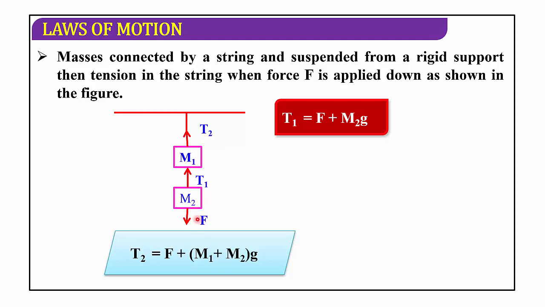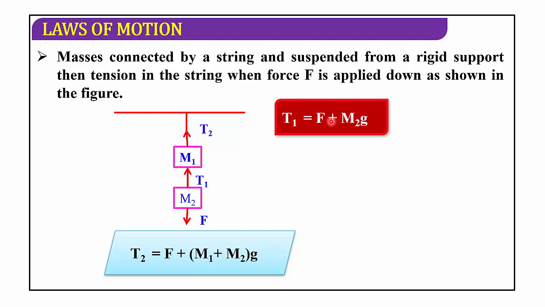When force is applied downward, how to write the tension in the string? I am going to write the equation for tension T1 in the string between M1 and M2. Generally we know that T equals M into G. But here T1 is created, and the applied force is downward, right?